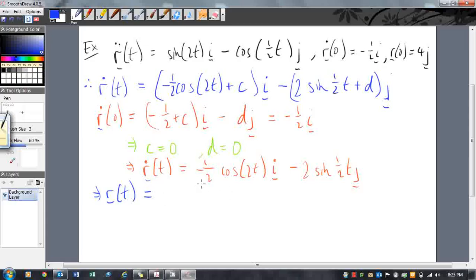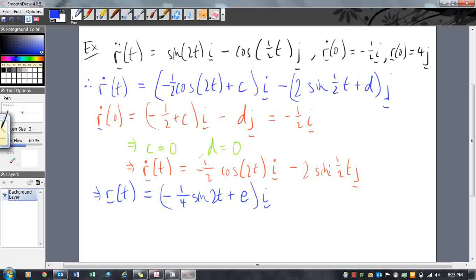Okay, so equals. Let's integrate this. Now, cos, when we integrate it, cos goes to sine, and so we're going to have negative. I'll leave a little gap there. Sine 2t, and we're going to divide by 2, so it'll be minus 1/4 sine 2t. Perfect. And then we're going to have a new constant, so I'll call it e, and that's all in the i direction.